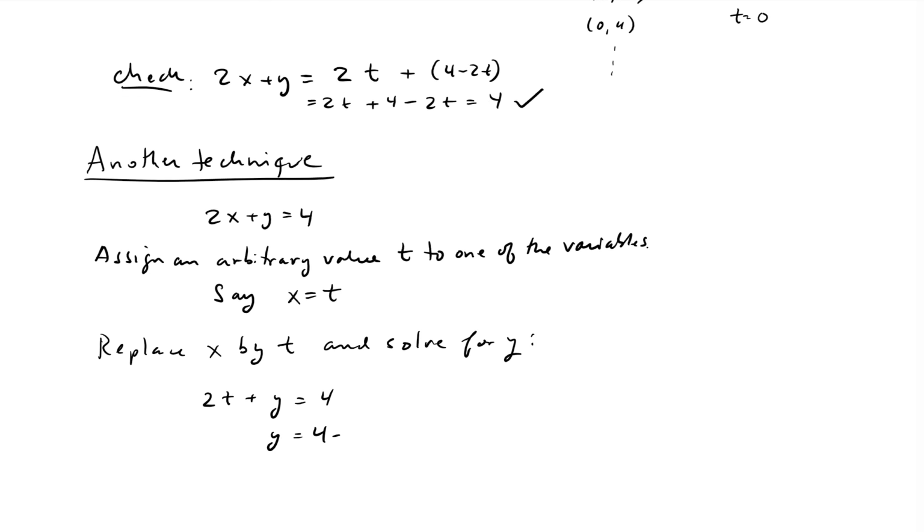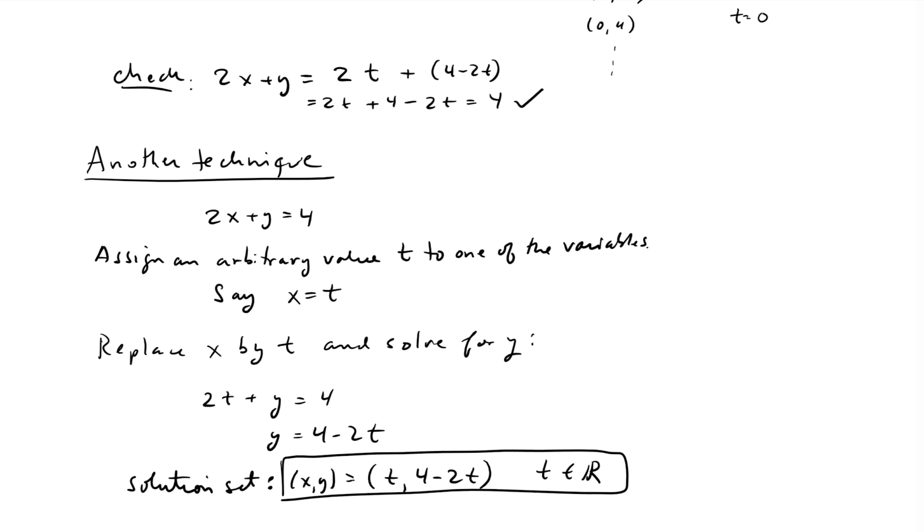So y is 4 minus 2t. And with this, I can come up with my solution set. (x, y) is going to be (t, 4 minus 2t), assuming t is some real number. And with this, I once again have a list of all possible points.